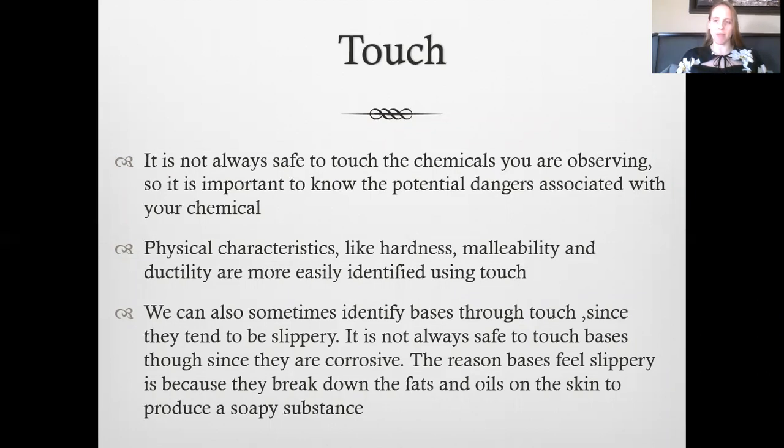Things like hardness, malleability, and ductility can be determined by touching things, even with gloves on. You can also identify bases sometimes with touch because you can feel that they're slippery. Again, you wouldn't want to do that with any strong bases that would corrode your skin off. The reason bases often feel slippery is actually because they're breaking down the fat and oil on your skin into a soapy substance.